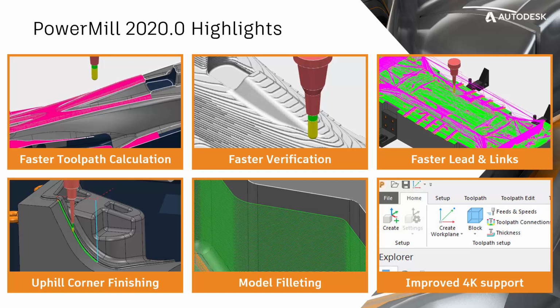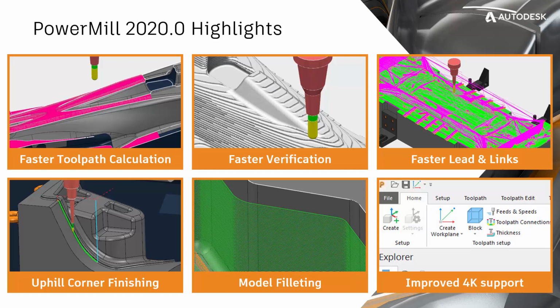Now, toolpath simulation and verification is also significantly faster in the 2020 release, with internal tests showing it to be as much as 33% faster than 2019. And as NC program verification uses the same underlying toolpath simulation code in the background, this is also faster than previous releases.